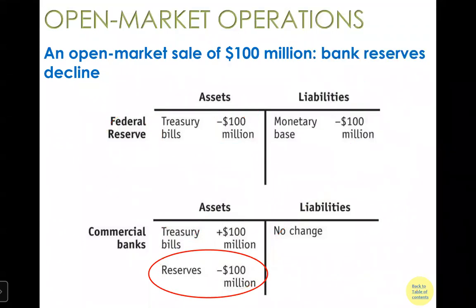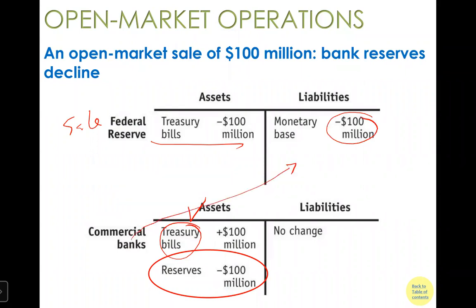So if they sell the treasury bill, whoever purchased it, the commercial bank, is going to get the treasury bill, and then what the central bank is going to do is subtract the same amount from this particular commercial bank's account at the Fed.